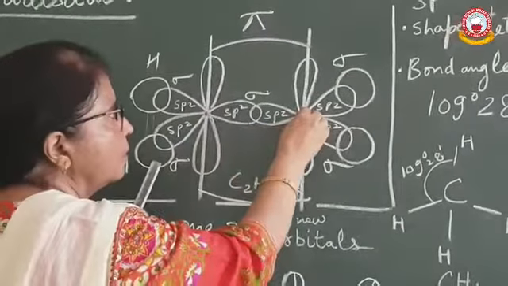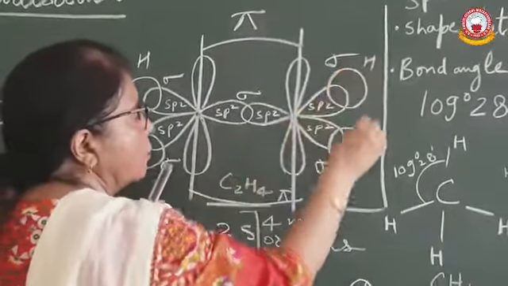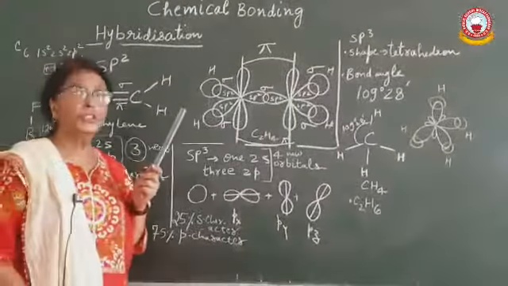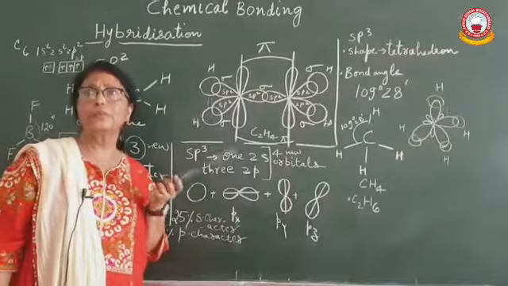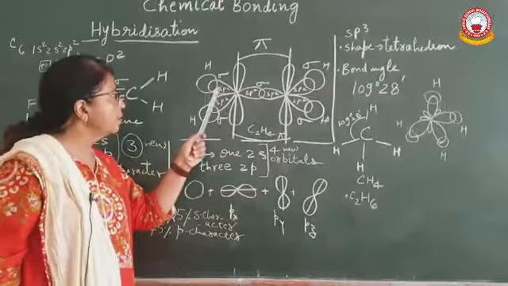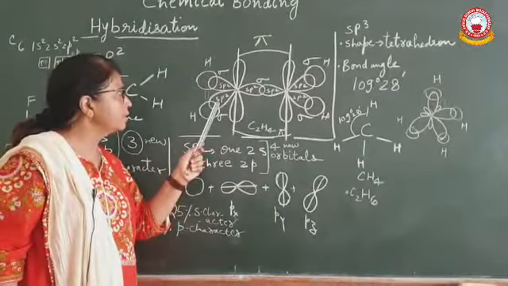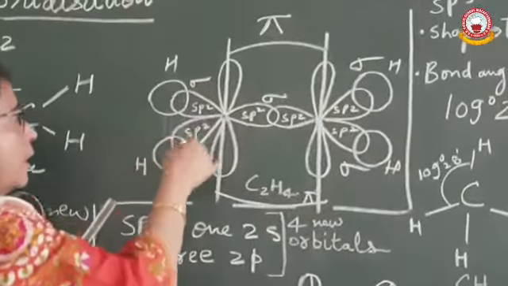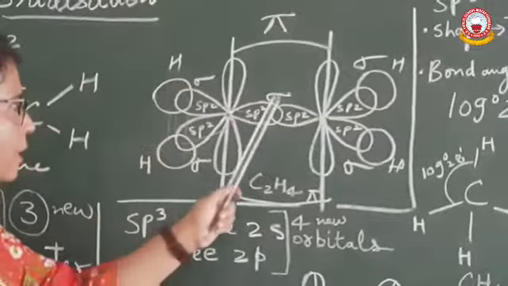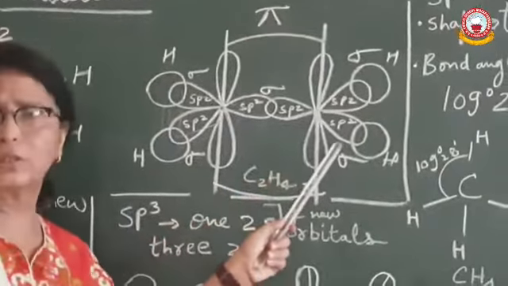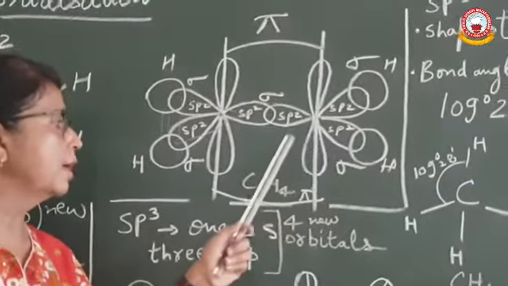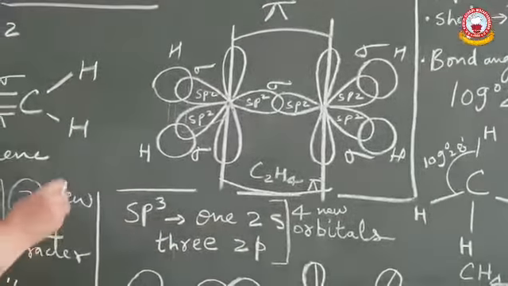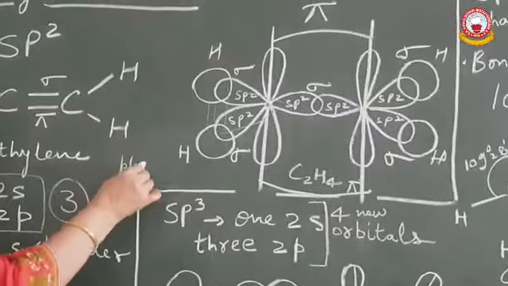This is another carbon bonded to one hydrogen and another hydrogen. If the shape of only the hybridized orbitals is seen, you can see sp2, sp2 and sp2, then you get a triangular structure. Similarly, here also you get a triangular structure.